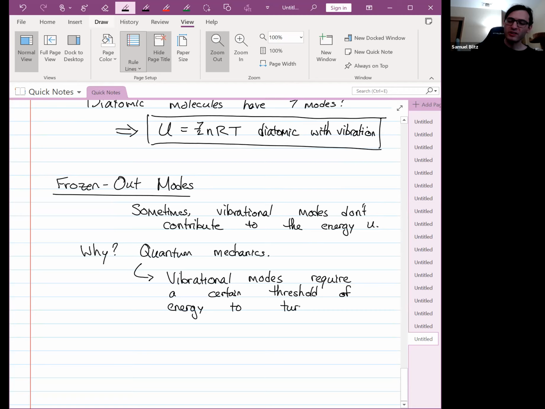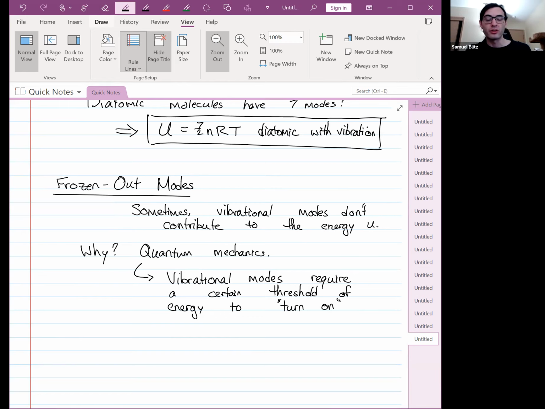And so if there isn't enough energy being distributed to those modes via the equipartition theorem, like let's say that a vibrational mode needs 2 joules to turn on. Now that's way too big a number, but let's just use that for example. And let's say that the temperature of the system, according to the equipartition theorem, said that the amount of energy each mode gets is 1.5 joules, right? That's not enough.